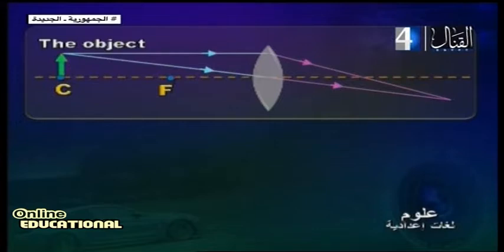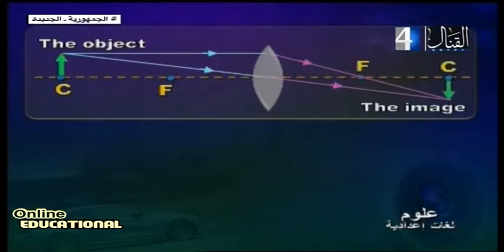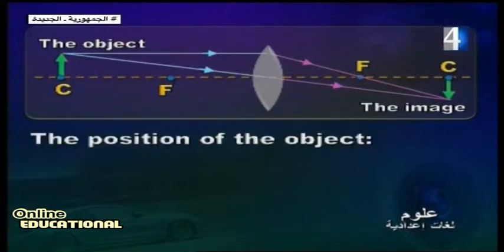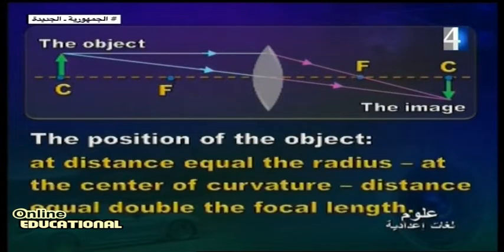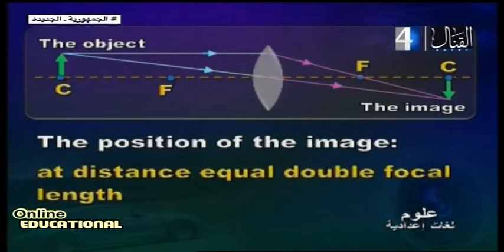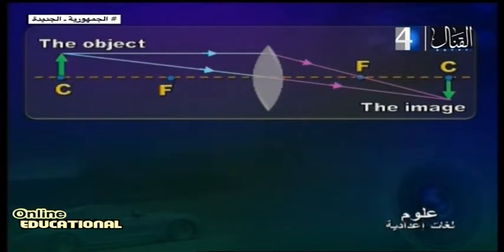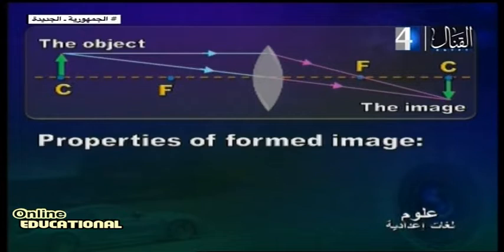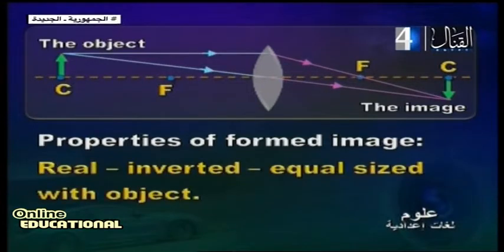So, at the point of intersection of these two rays, we have the image. Here, the position of the object is at the center of curvature, and of course, the position of the image is also at the center of curvature. Okay, what about the properties of the image? It will be real, inverted, and equal in size to the object.